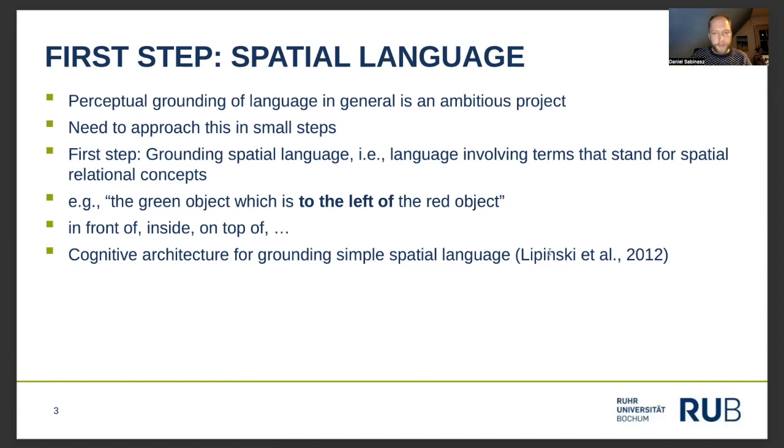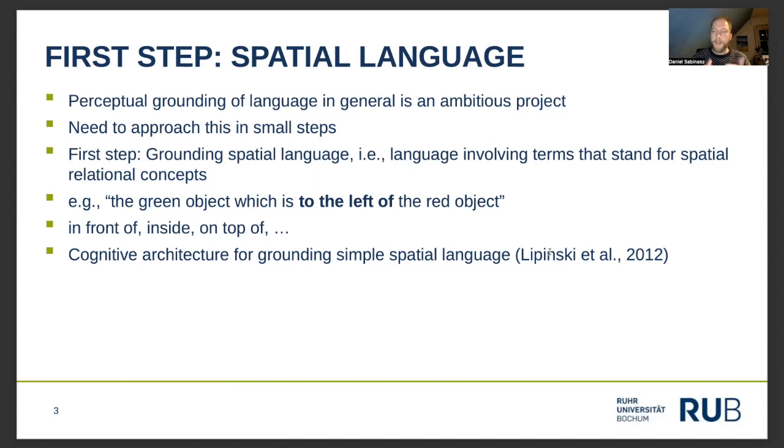And so, since spatial relations are particularly accessible to the DFT models that were in place already, like the ones you have learned about already for coordinate transformations, visual search, and so on.